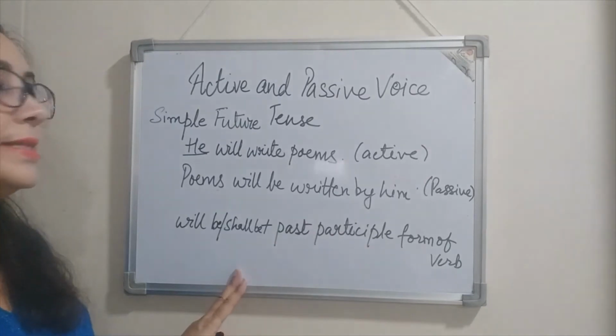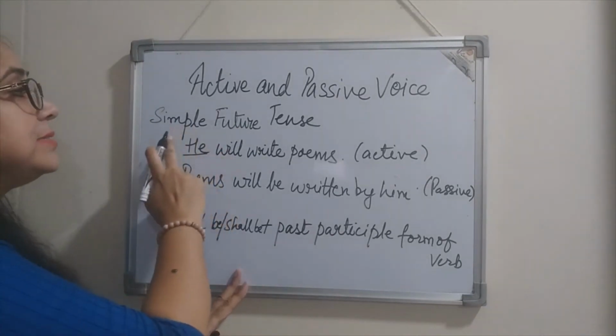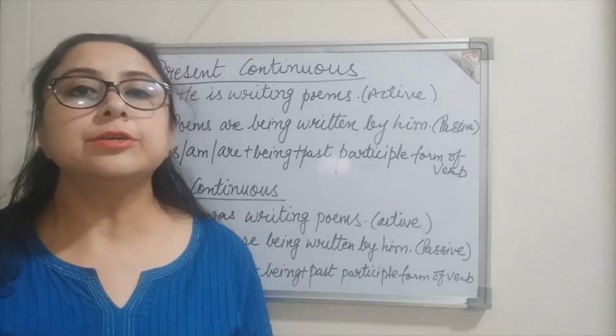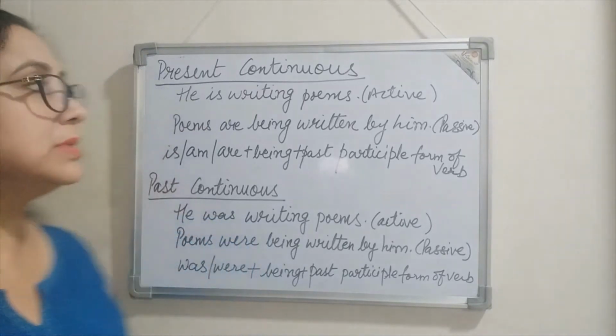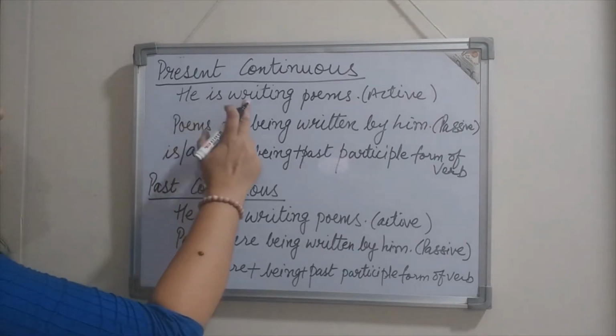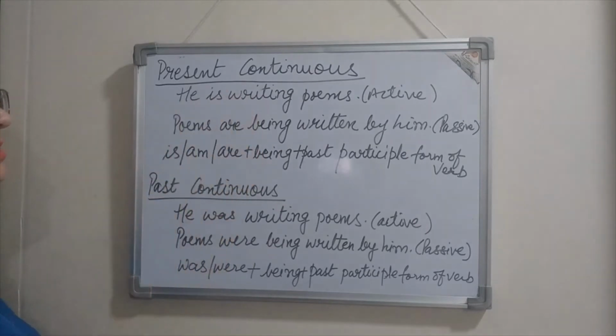So this is the case when the verb is in simple future tense, right? Moving on to the next tense form, that is the present continuous tense. So in this sentence, he is writing poems. Here the verb is in present continuous tense.